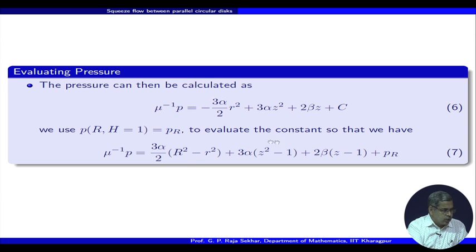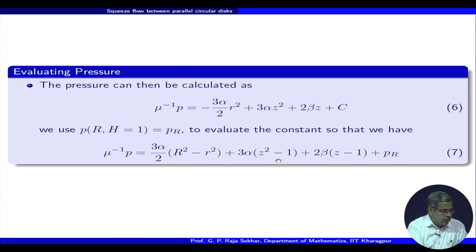Once we prescribe this pressure, the constant C can be eliminated and we get the corresponding expression. This is a simple calculation, because one has to substitute this condition, eliminate C, and substitute back. Then this can be nicely rearranged.